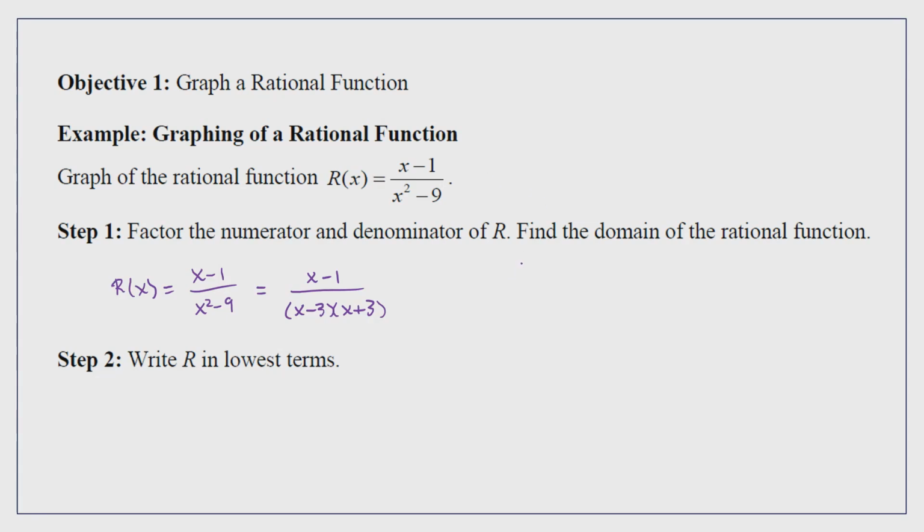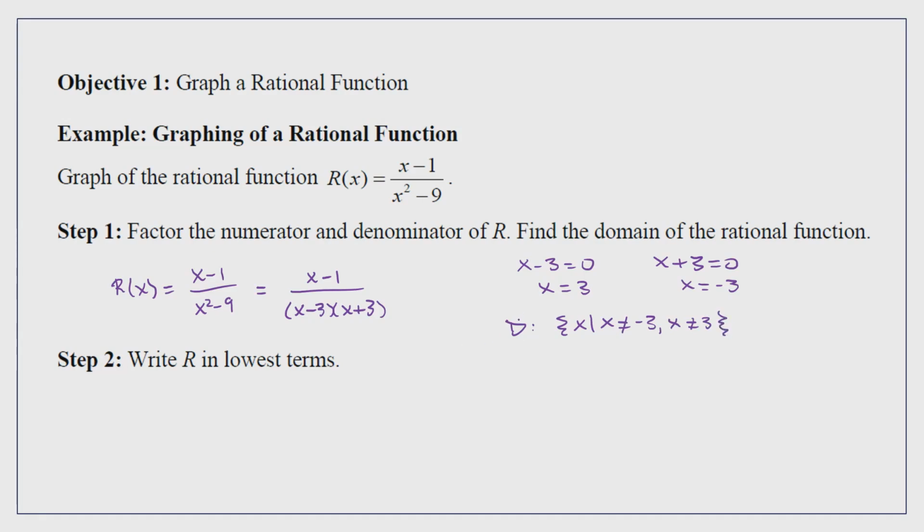Our denominator is 2 factors, so we set both factors equal to 0 and solve for x. So x equals 3 and x equals negative 3. Our domain is all real numbers except for when x equals negative 3 and x equals 3.